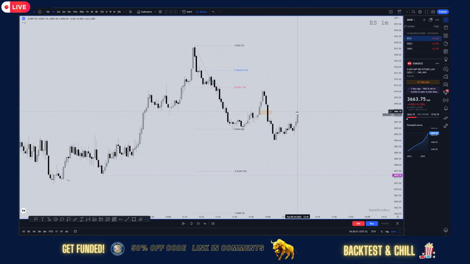Okay, so I would short here for our first trade finally. Usually I go center, consequent encroachment. It's also at the highs, like I said. And then I would want to see price respect the open of this candle, because I have a volume imbalance here, so I have to let price go up there possibly.